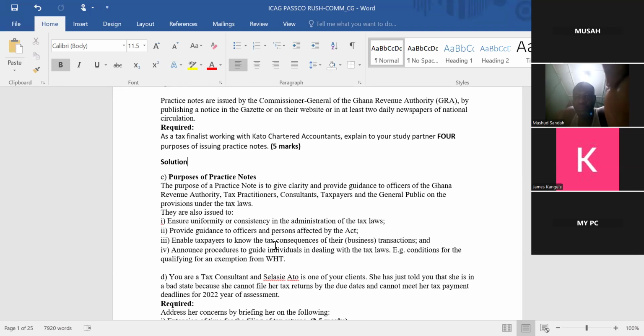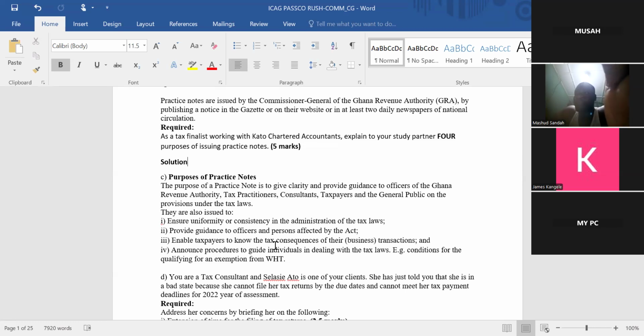The tax laws are not uniform, and because of that, the Commissioner General always comes out with a practice note to ensure consistency in the application of the tax law. It also provides guidance, as I made mention, to the officers. Then it enables taxpayers to know the tax consequences of their business and transactions. Everything will be interpreted in that particular practice note.